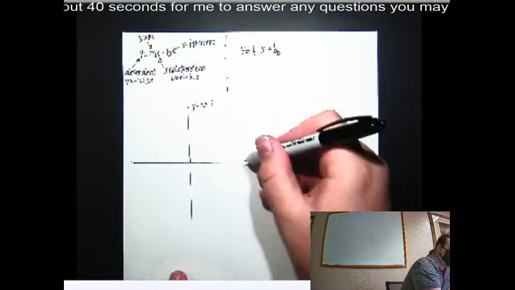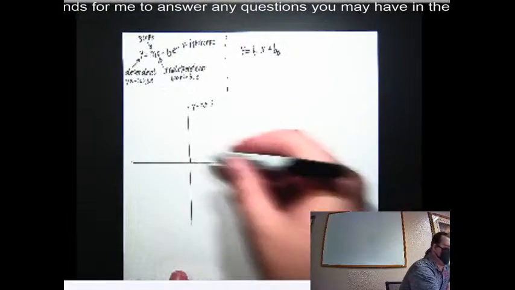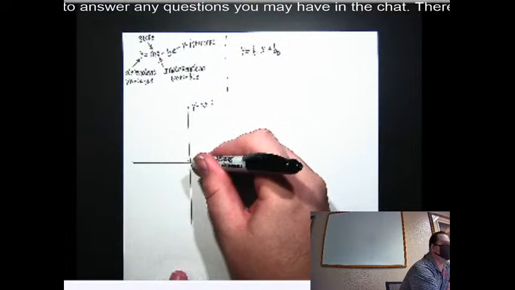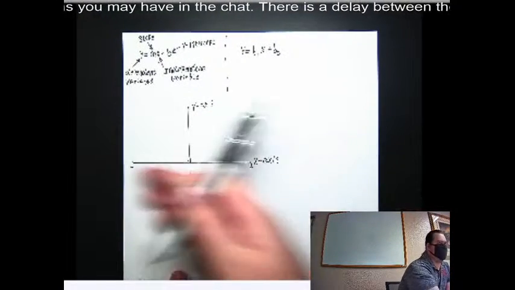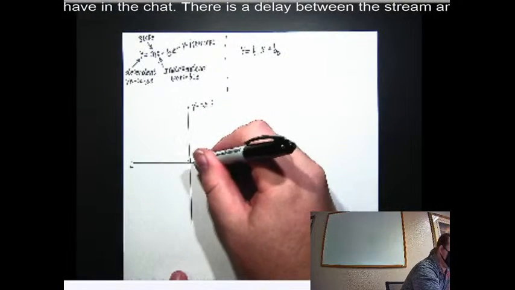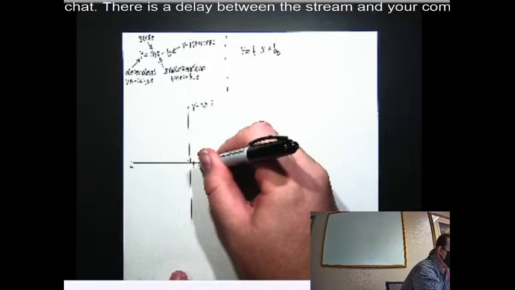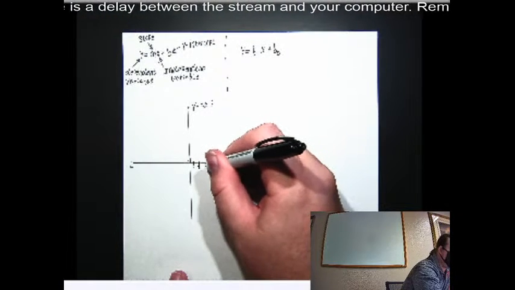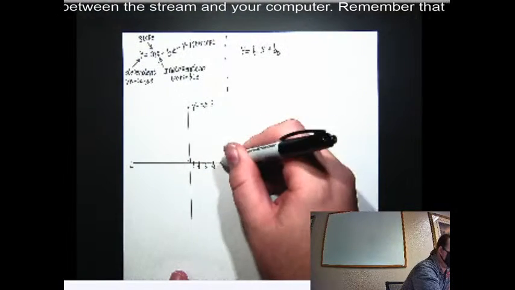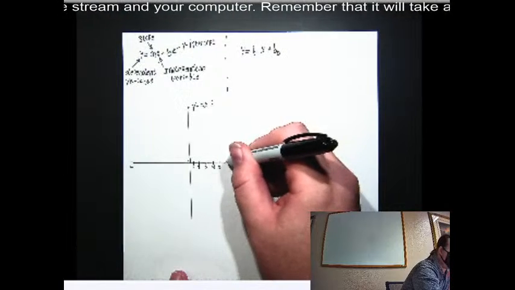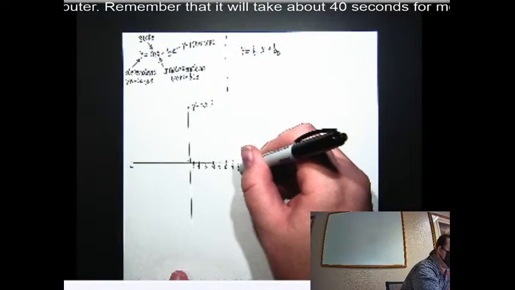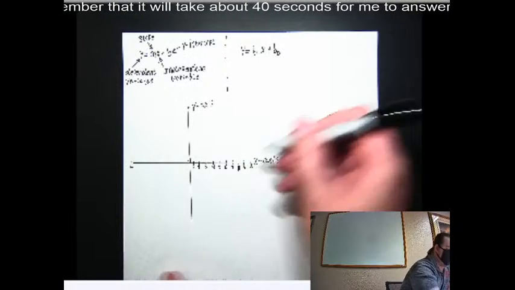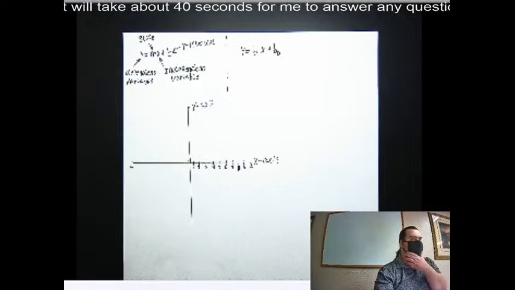So, just like any other number line, we have 0 in the middle, positive numbers on this side, negative numbers on this side. So for our x-axis, it might look like 1, 2, 3, 4, 5, 6, 7, 8, 9, and then the last one is 10.